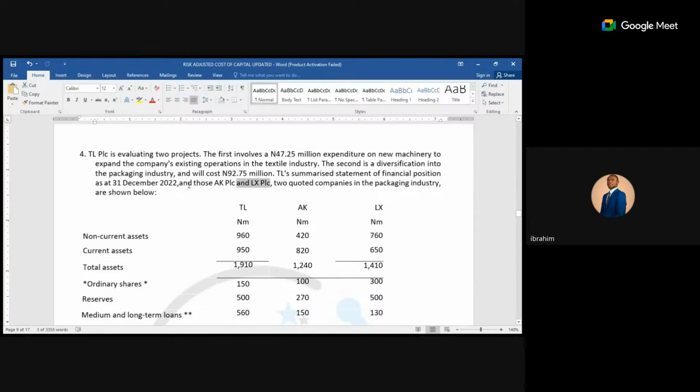It means that if the company is diversifying into the packaging industry, they have identified 2 companies, which are AK PLC and LS PLC. So these are the proxy companies, while this is the main company. Class, for the diversification, which is the packaging industry.